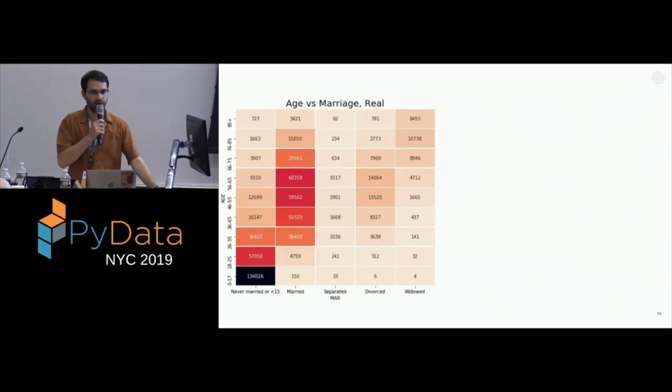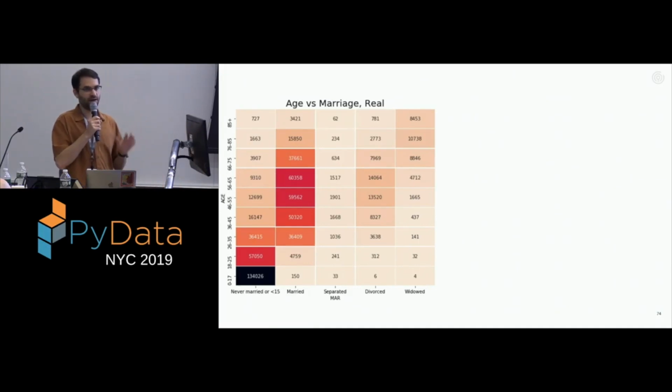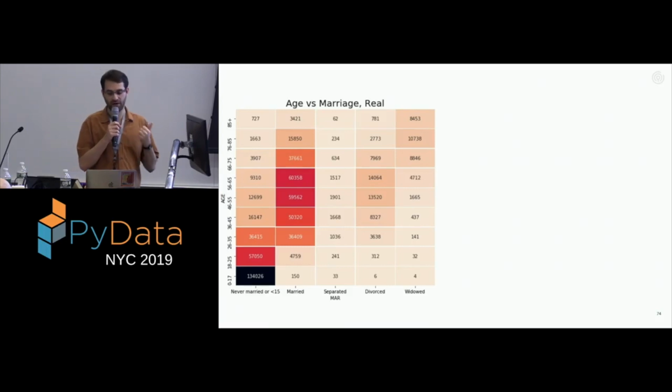So here's one way of looking at the real census data. This is a cross-tabulation showing counts for age and marriage as categories. On the y-axis, you have age increasing from bottom to top. And on the x-axis, you have marriage categories: never married or under 15, married, separated, divorced, and widowed.